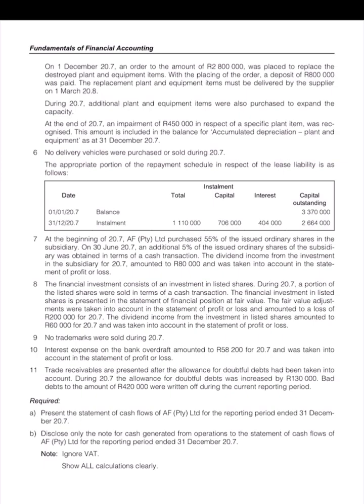And then they said the allowance for doubtful debts was increased by 130,000. And then bad debts to the amount of 420,000 were written off during the current reporting period, meaning that these things happen at the end, so the balance at the end is affected by the allowance for doubtful debts and also by the write-off.